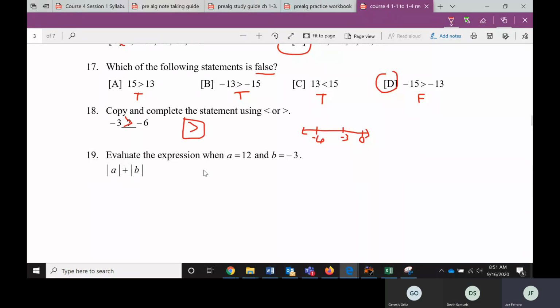And then the last one, absolute value of A plus the absolute value of B. Okay, so now these are 2 separate absolute values, so you have to make sure you do that separately.